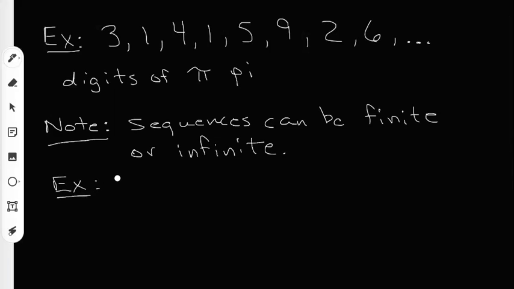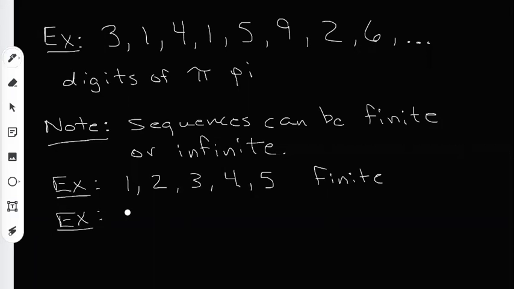So an example of a sequence that could be finite: let's say the first 5 natural numbers, 1, 2, 3, 4, 5. Since this ends in a 5, this is called a finite sequence. But if you wanted to list all the natural numbers, let's say we get to 5 and we have dots after that, this one is going to be infinite.